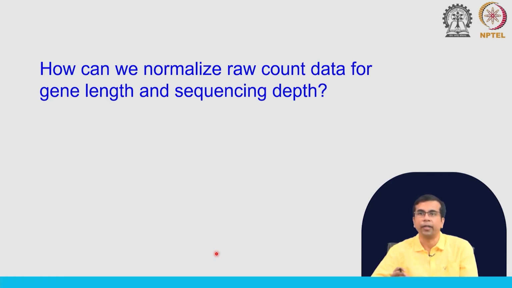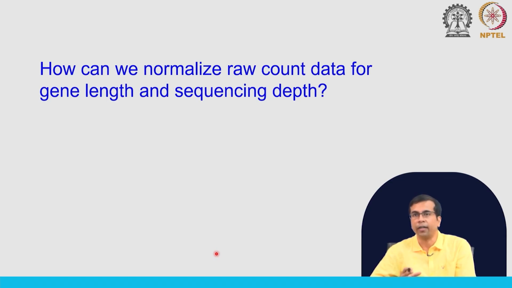Each sample will get a different total number of reads, and that can again influence the outcome. If in a sample you have more reads, it is very likely that all the genes will also get more reads by chance. So, again we would have to do something about that variation in sequencing depth so that we can do a fair comparison.